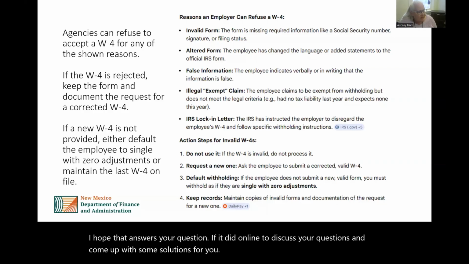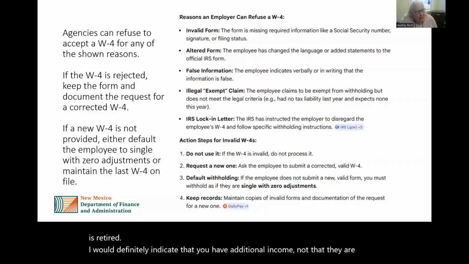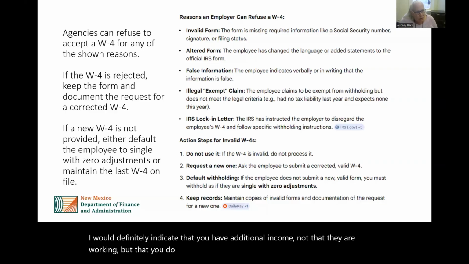Luz is asking if a spouse is retired, does this not apply? Correct. Luz, if a spouse is retired, I would definitely indicate that you have additional income. Not that they are working, but that you do have additional income, which is that gray box.